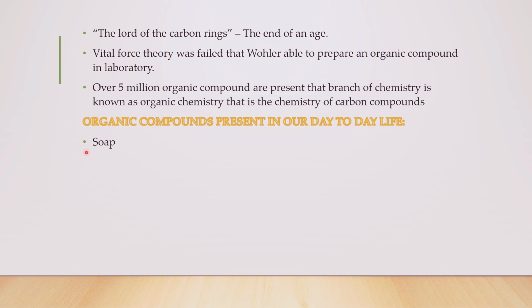The first one is the soap we use, the second is the perfume we use, the third is the clothes we wear, the fourth is the drugs we use, the food we eat, the fuels we use, and the last one is medicine. In all these compounds, the organic element, that is carbon, is present.